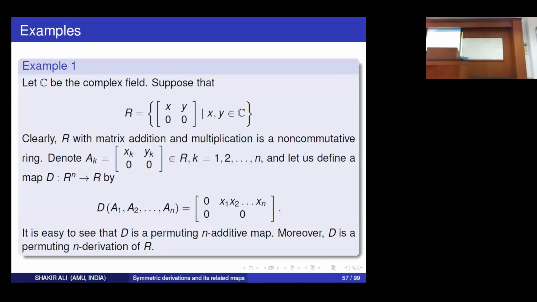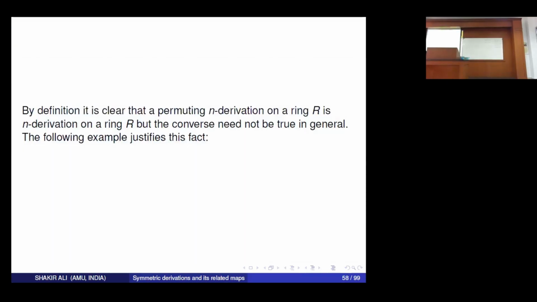Then this D is a permuting additive map, moreover D is a permuting n-derivation. So this is the best example for permuting symmetric n-derivations. By definition it is clear that a permuting n-derivation on a ring is an n-derivation on a ring, but the reverse cannot hold.